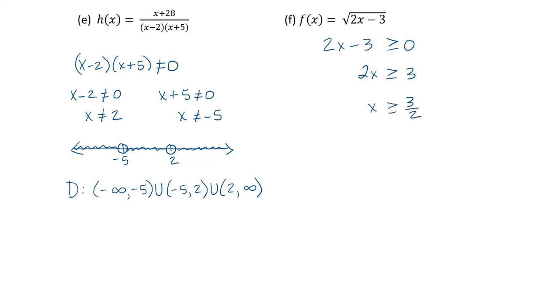X is greater than or equal to 3/2. And then I have my number line. Here's 3/2. And if you want, we can use square brackets like we've done in the past. And that translates a little more seamlessly with our interval notation, starting at 3/2 with the square bracket to positive infinity with parenthesis.